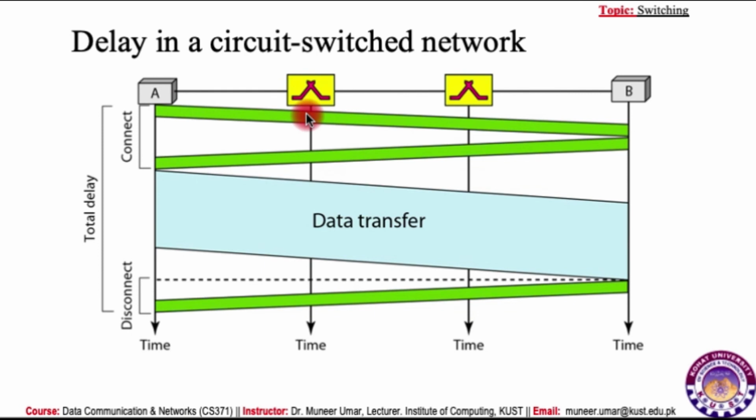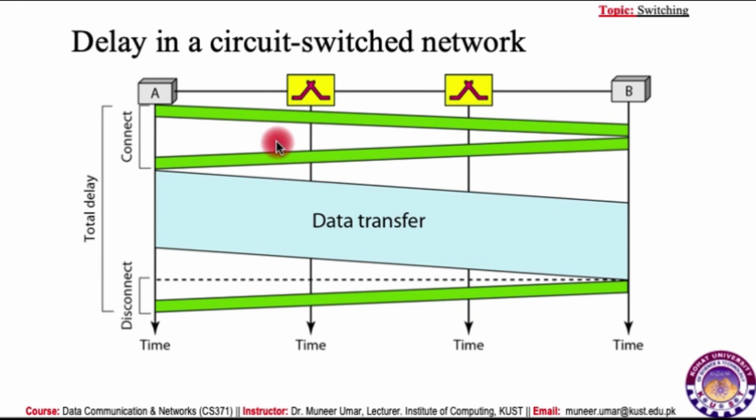The total delay is due to the time needed to create the connection. Now, this time is actually due to the establishment of the connection, and also this time is taken by the data transfer and also the disconnection of the circuit.